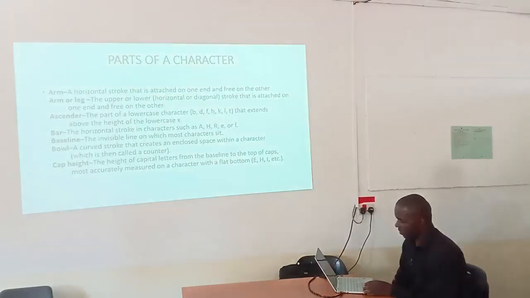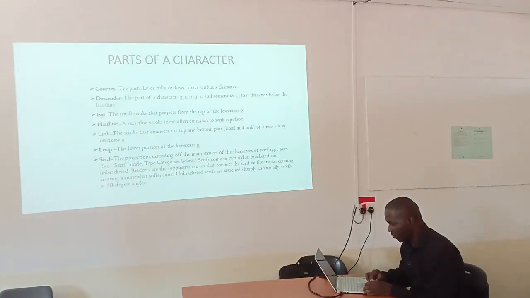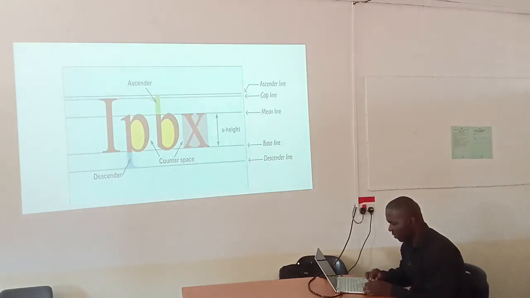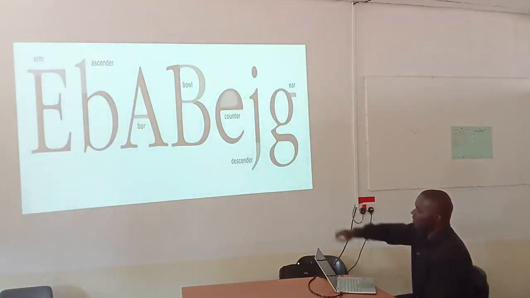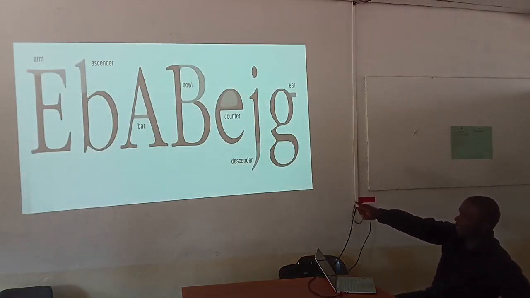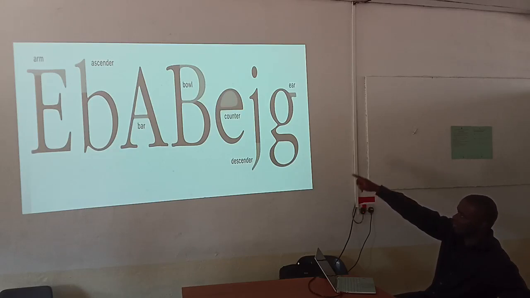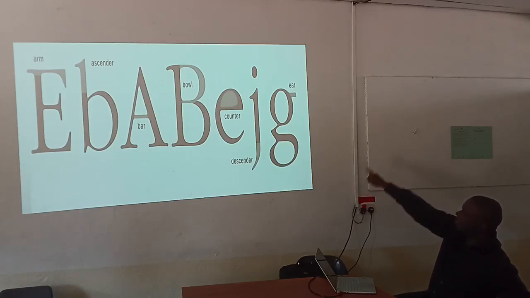What are we talking about? Let's just go here. So horizontal stroke means that line that is going across to make it an A. That's a bar, right? And you see an E, you see there.